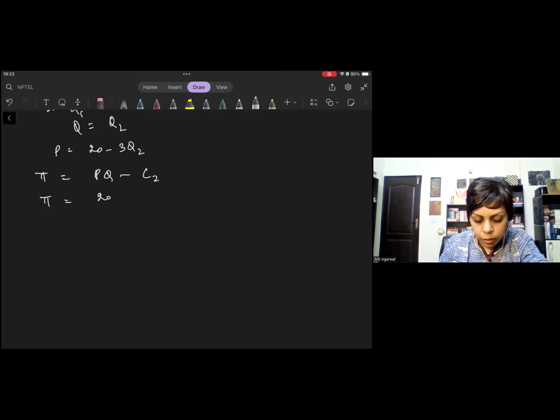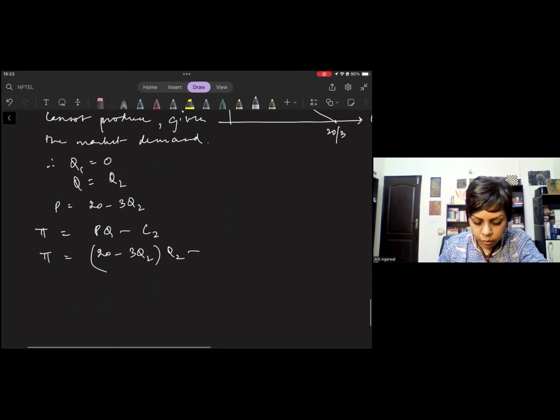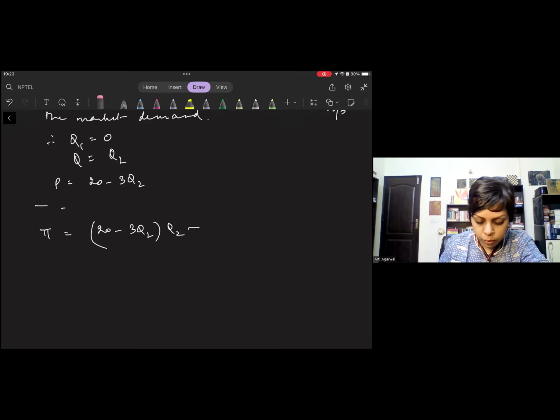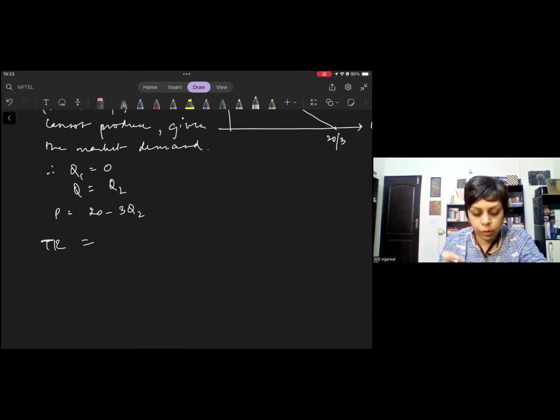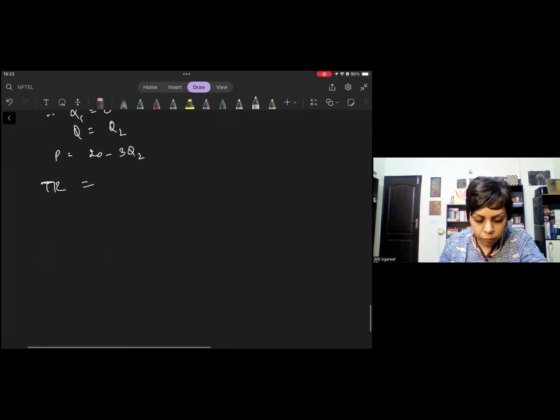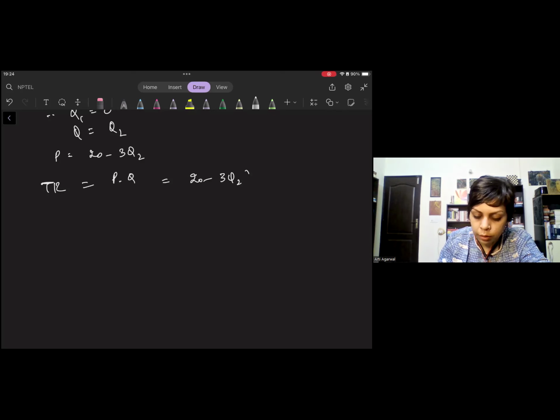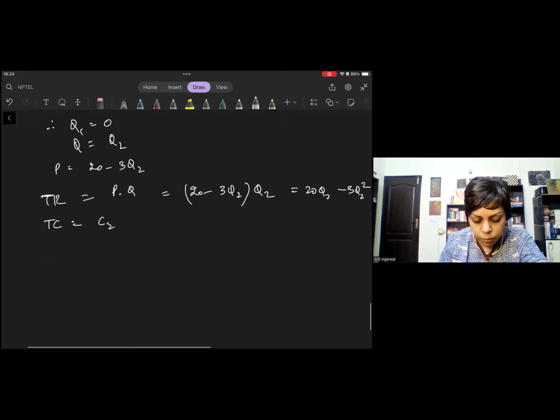So P is equal to 20 minus 3 Q2 into Q2, minus, well, let's first write the expression for total revenue, and then we will equate marginal revenue and marginal cost. So this is P into Q, which is 20 minus 3 Q2 into Q2, and total cost is only C2.